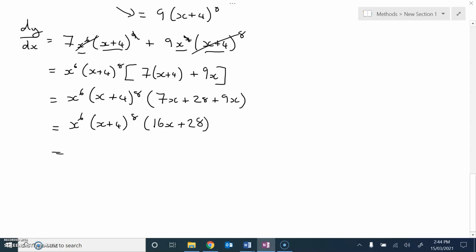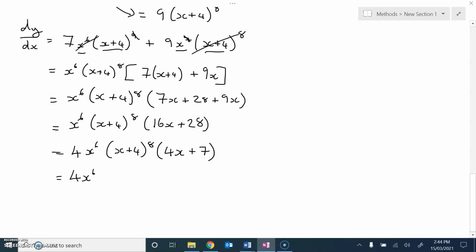Now, 16 and 28, I can take a common factor of 4 out of that. So 4x to the 6, (x plus 4) to the power of 8, and I'm left with (4x plus 7) when I take a factor of 4. So just rewrite that.